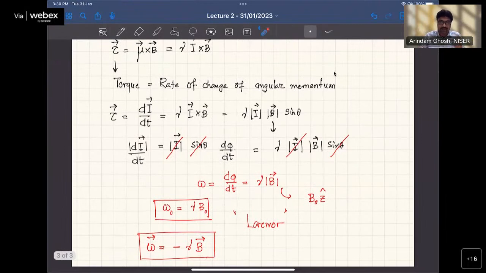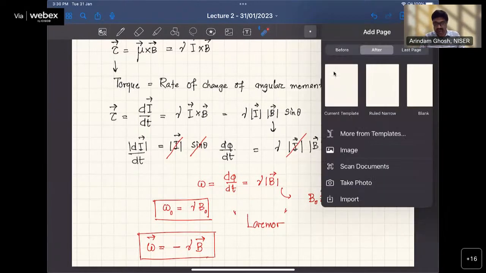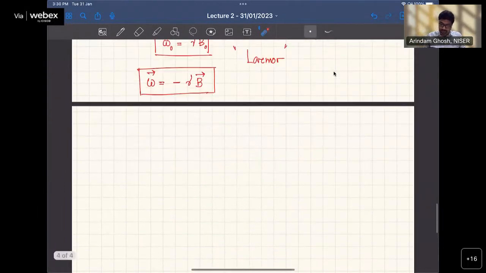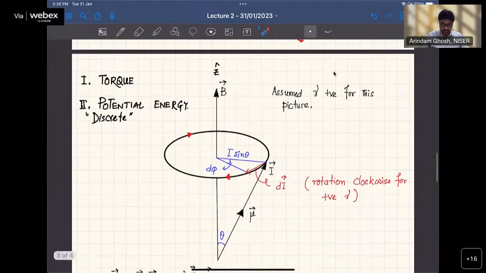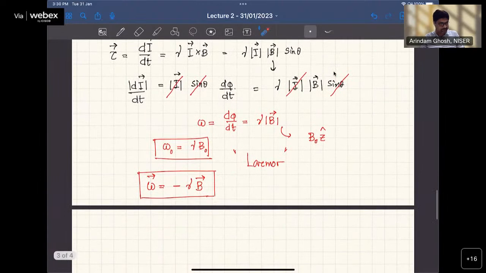So we have understood the quantum mechanical explanation behind the Larmor precession, correct? We'll be coming to the Larmor precession frequency later as well. But before that, I have a second job, the potential energy discreteness, which we'll do next.